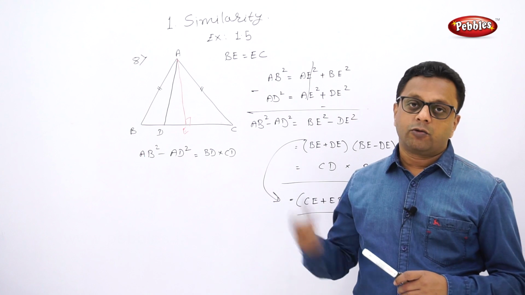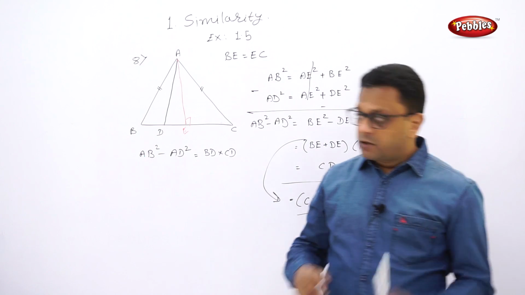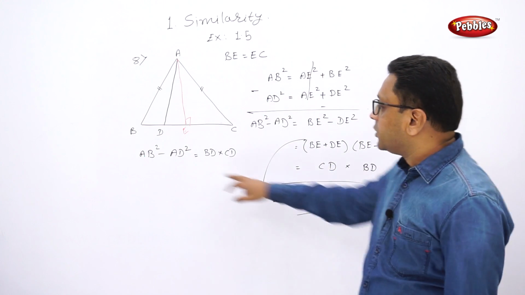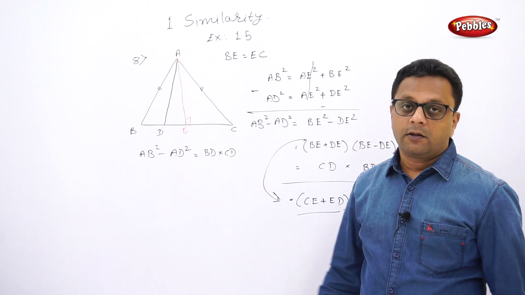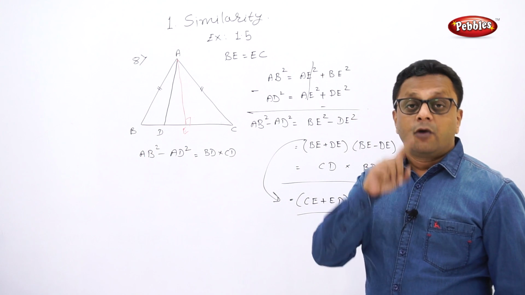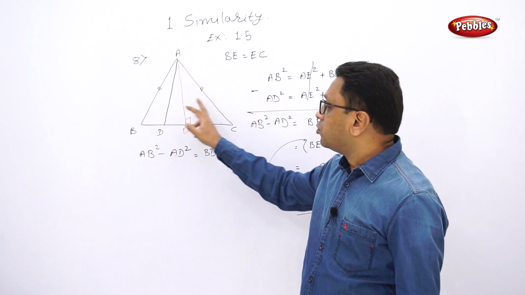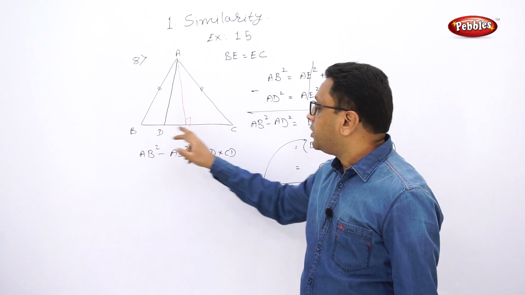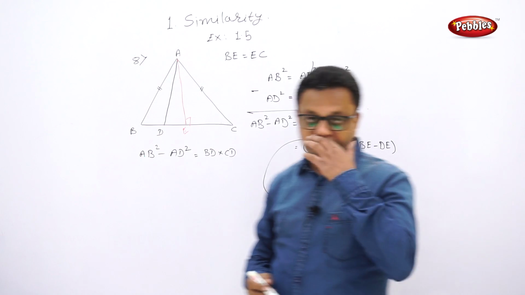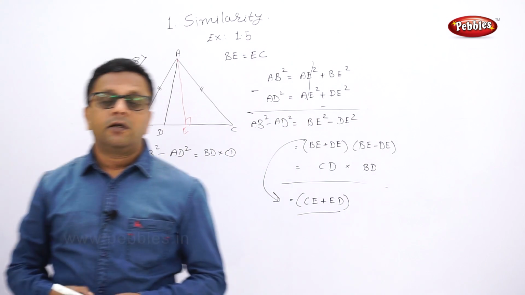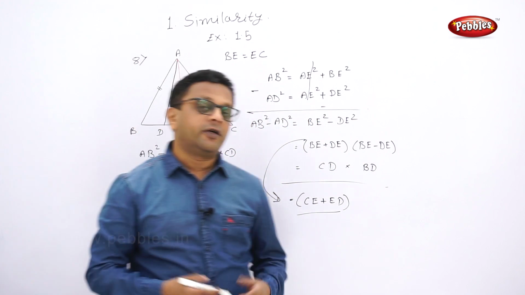Otherwise, just do like this. But if you have to show this BE is equal to EC, then you have to first prove that these two triangles are congruent, and hence BE is equal to EC. This is what I call studying the figure, examining the figure.